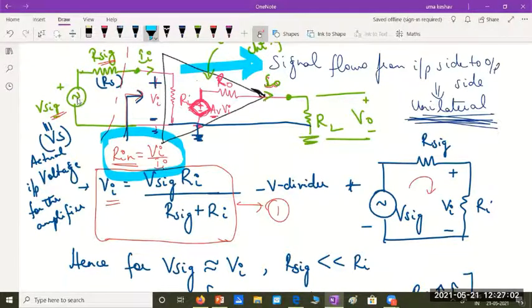It will be the voltage applied on the input side divided by the current sent. So Vi by Ii. I am applying a voltage Vi and I am sending a current Ii. So Rin is Vi by Ii. That represents the input resistance of this amplifier.